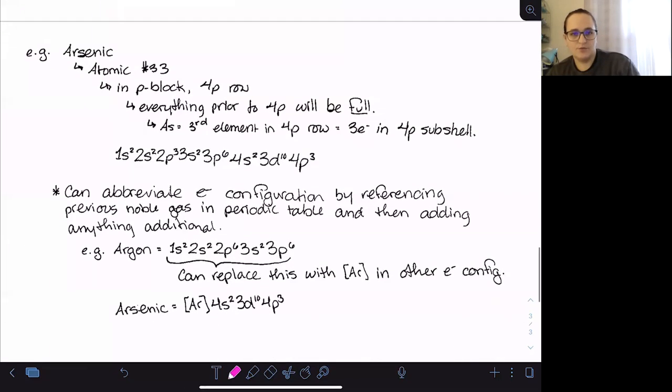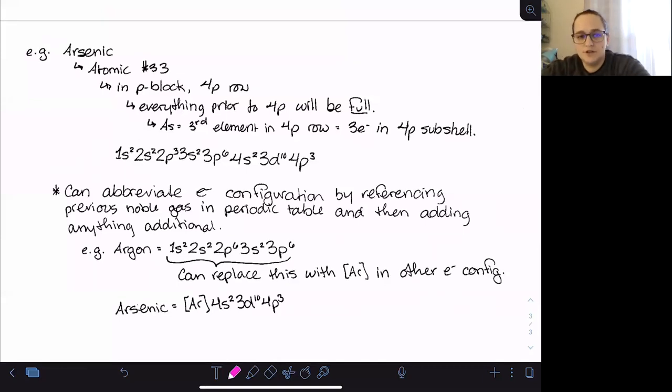So we can also abbreviate our electron configuration by referencing the previous noble gas. So essentially you're just going backwards in the periodic table until you find a noble gas, until you get to that last column on the right, and replacing that noble gas's electron configuration with just the symbol for the noble gas in brackets.